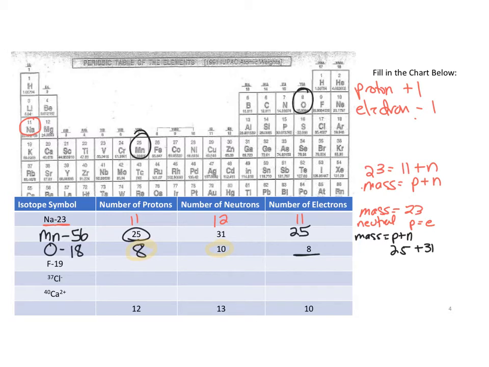So that's O18. Okay, F19, fluorine. Fluorine is here. Proton count 9. The mass is 19, so 19 equals 9 plus N. So 19 minus 9 is 10, and it's neutral, so it gets 9 electrons. The electrons have to equal protons when it's neutral.